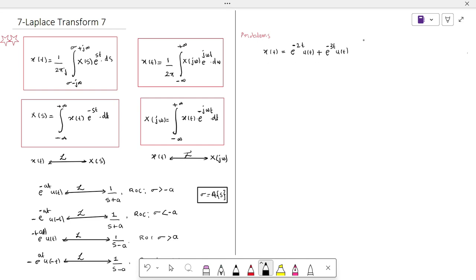So this x of t is the sum of the two exponentials. Then what is the Laplace transform x of s and the region of convergence?